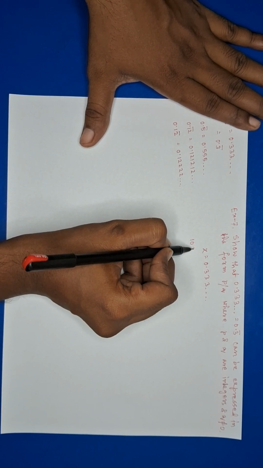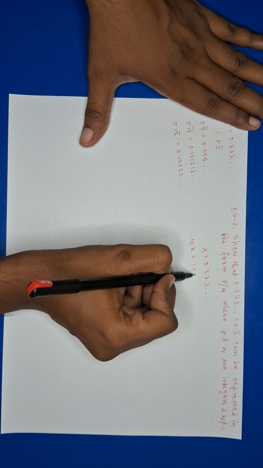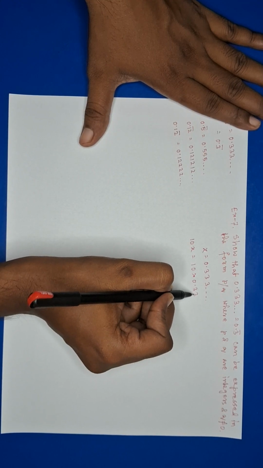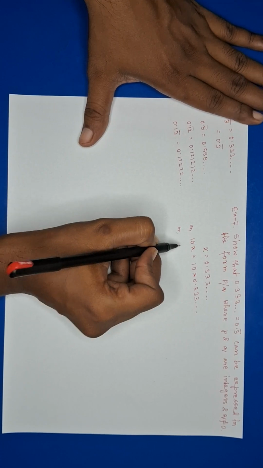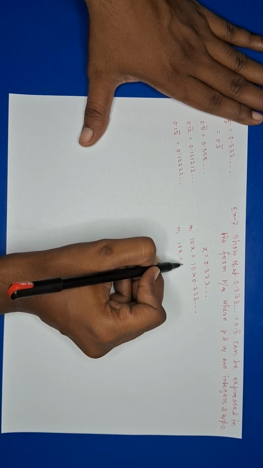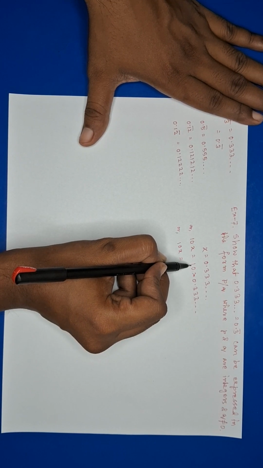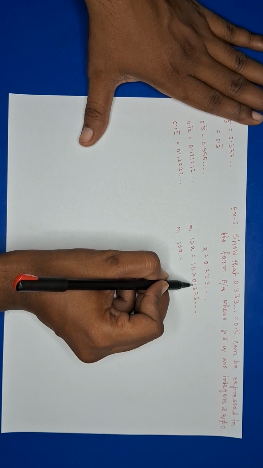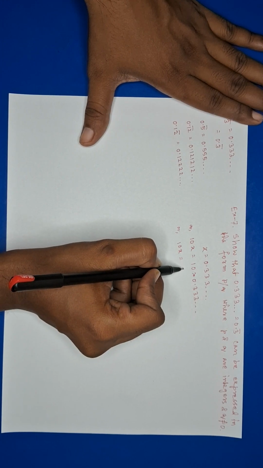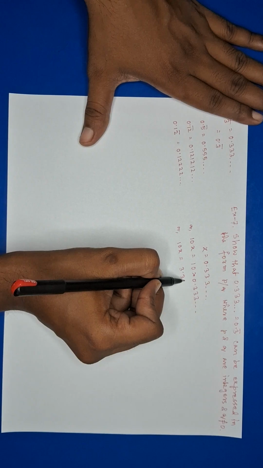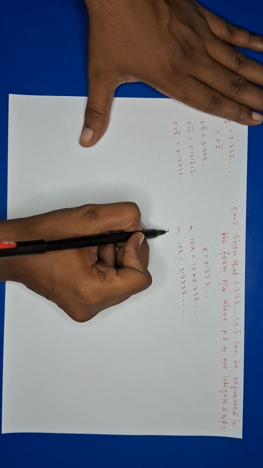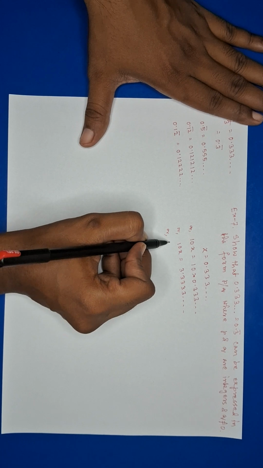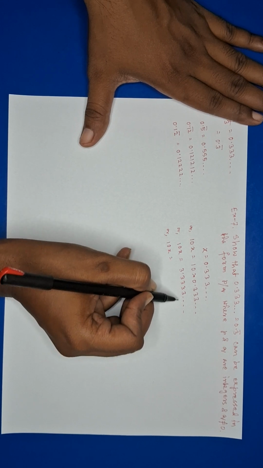So this will be 10x is equal to 10 into 0.333 dot dot dot, which becomes 3.3333 dot dot dot. Now we are going to separate this 3.333.